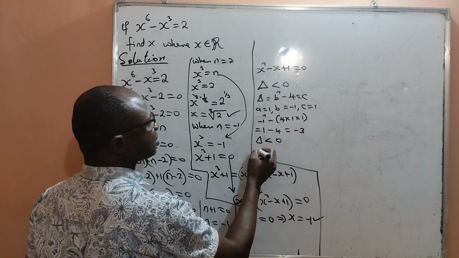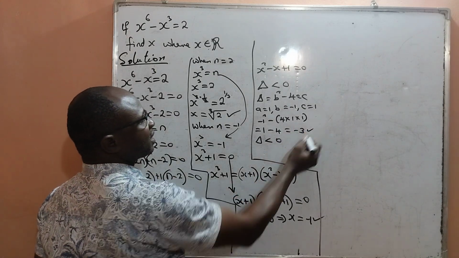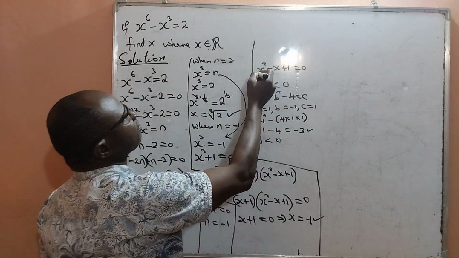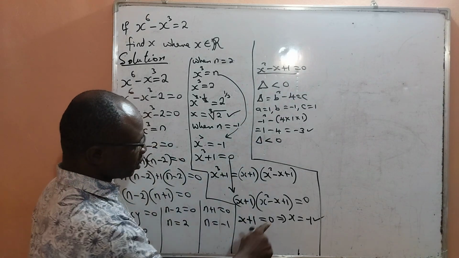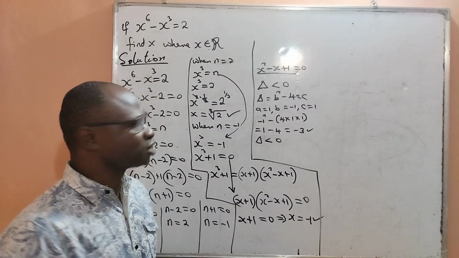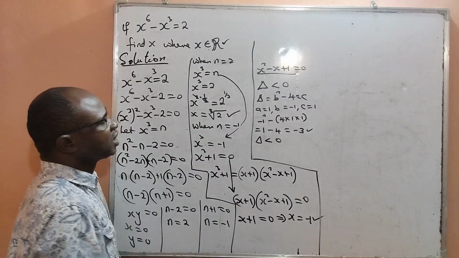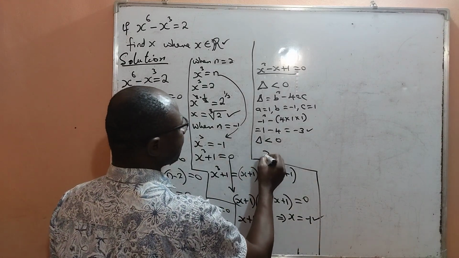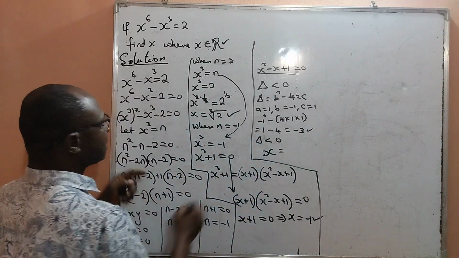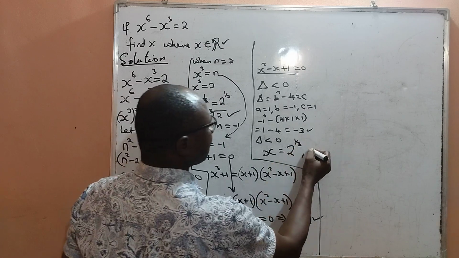The discriminant here is equal to negative 3. So it means that this second quadratic equation, the second bracket, will give us a complex solution. But we are interested in real solutions. In conclusion, the values of x that are real are 2 raised to the power 1 over 3 and negative 1.